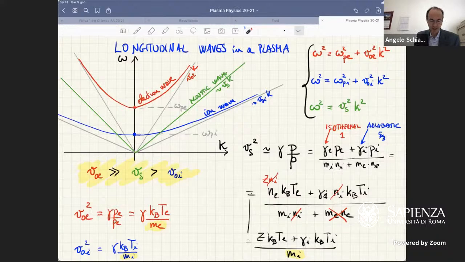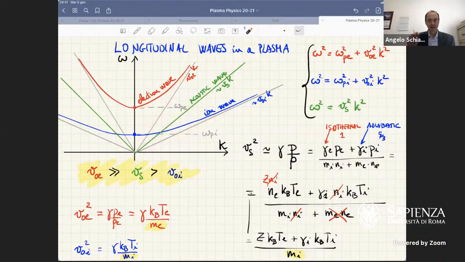Here we are looking at this dispersion relation, which is, let's say, a point relation. Obviously, by moving from one point to the next in the plasma, what could happen is that the temperature changes, and if the temperature changes, what changes is the slope of these three lines.